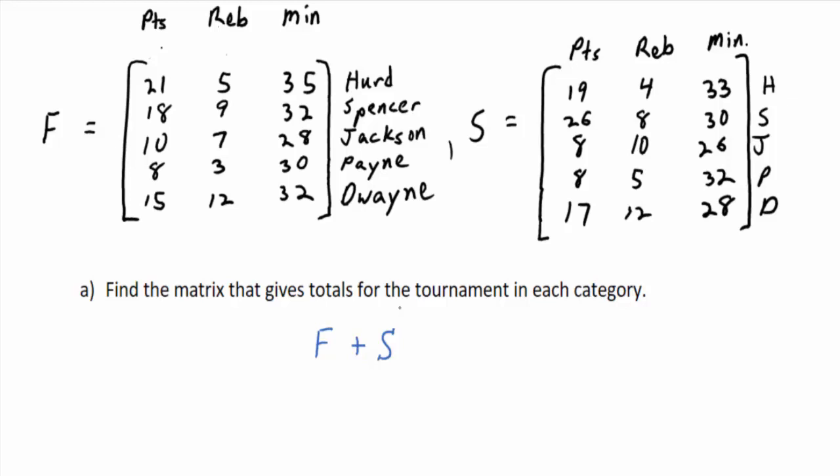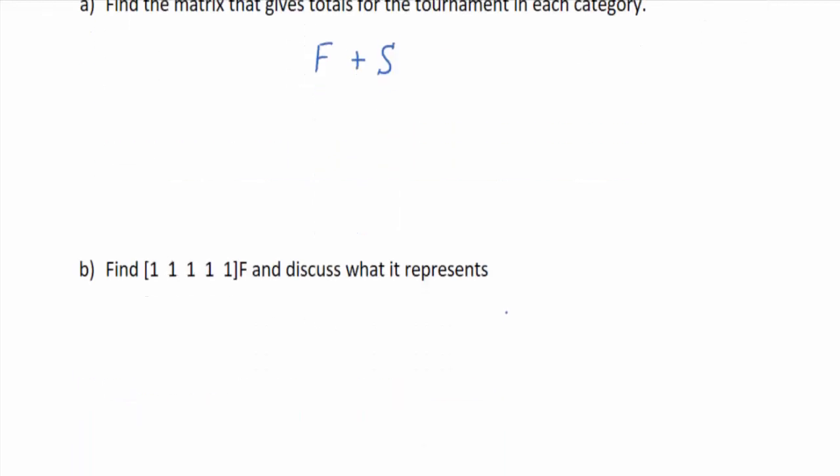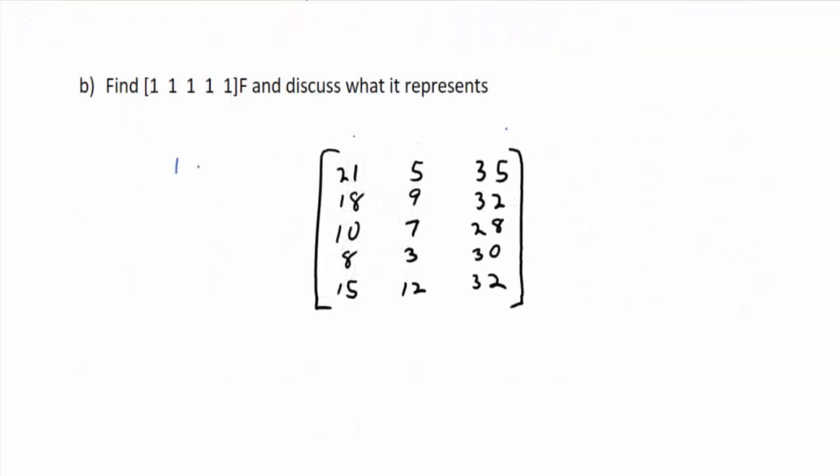Okay, that's not the interesting example. Here's the more interesting example. So this is a matrix multiplication. I'm saying take the row matrix, 1, 1, 1, 1, 1, 5 ones, times F. Now, before we talk about it, let's write that down. 1, 2, 3, 4, 5. So we're taking this matrix of ones times F, essentially.